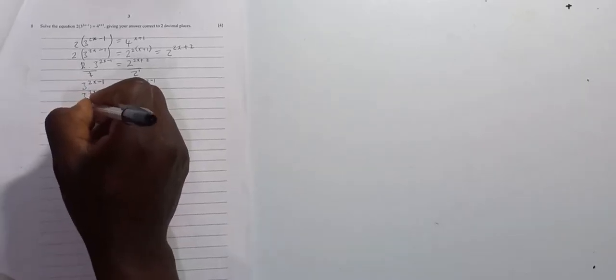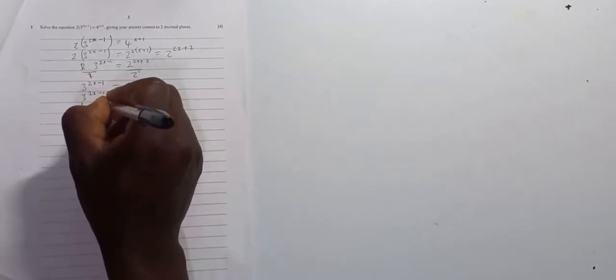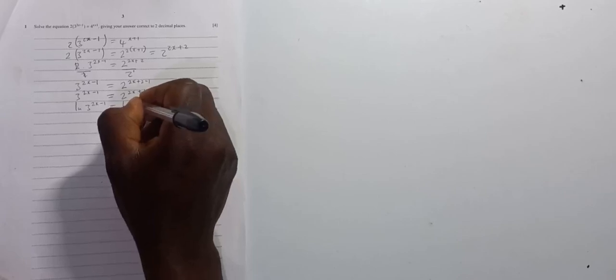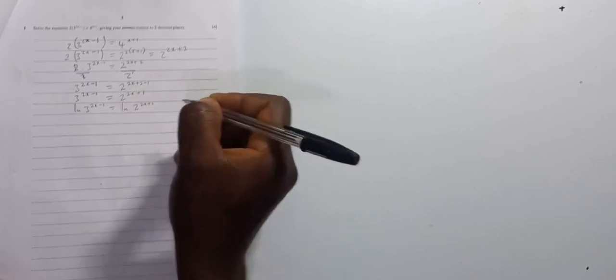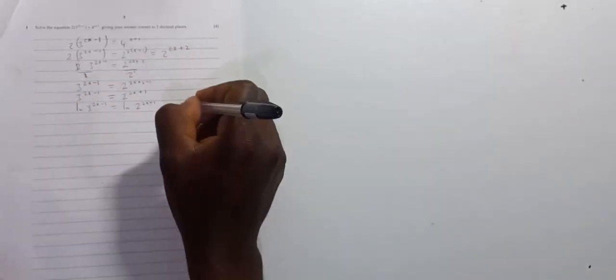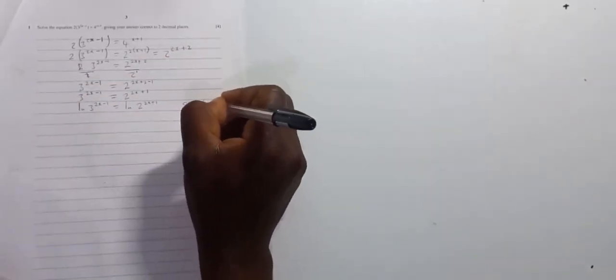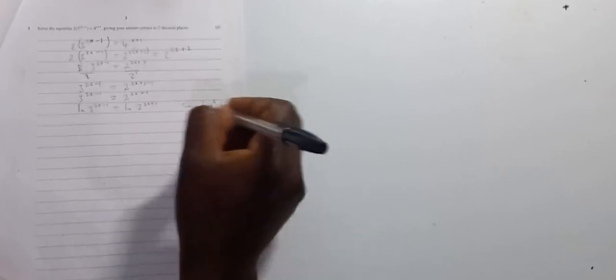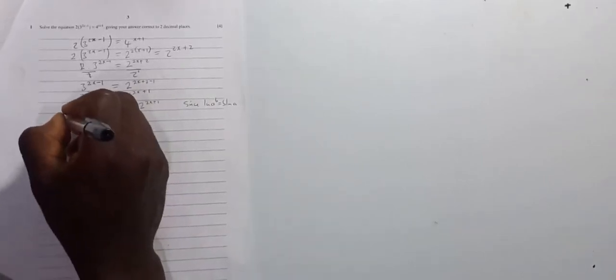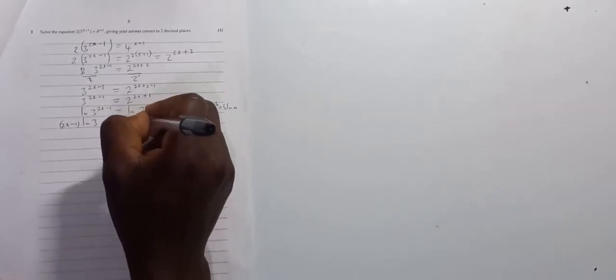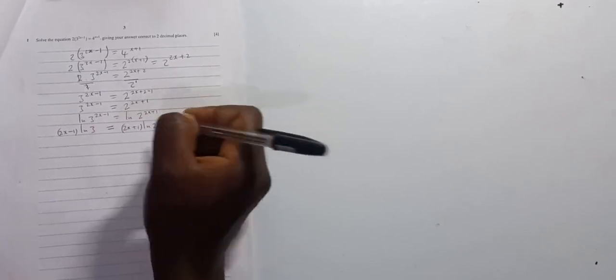When we reach this stage, we apply ln both sides. So we're going to have ln 3 to the power 2x minus 1 equals ln 2 to the power 2x plus 1. This is since ln a to the power b equals b ln a, this implies that we can write this as 2x minus 1 ln 3 equals 2x plus 1 ln 2.